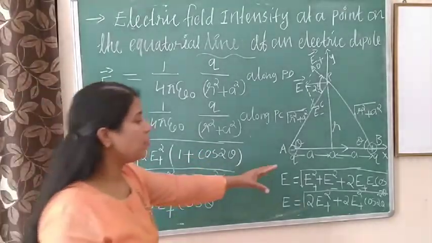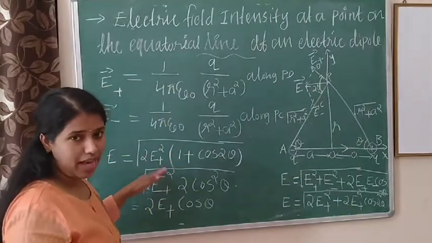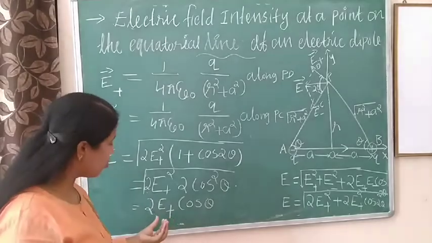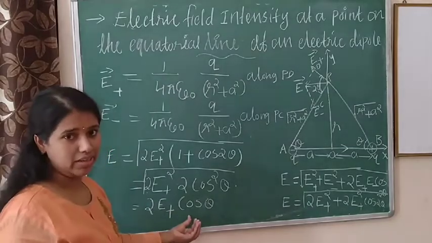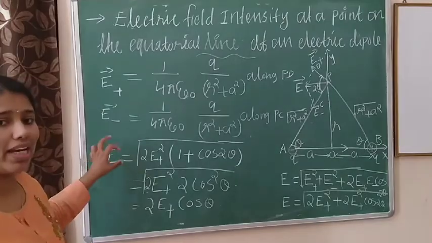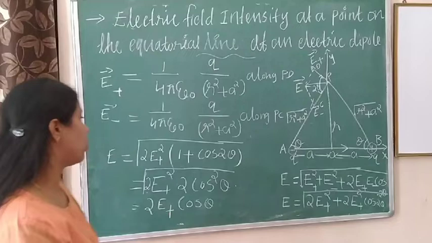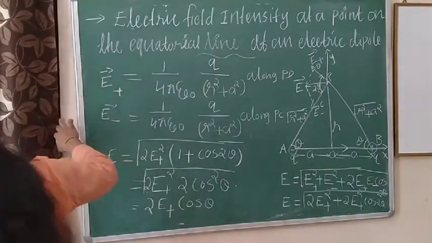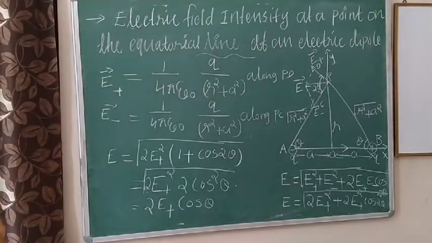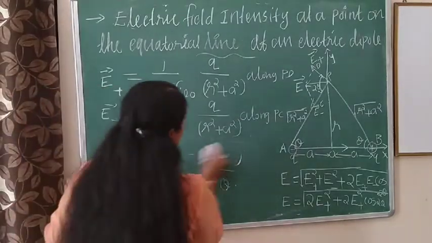In exam time, there is no need of writing these steps. I explained how to get this 2 into E+ cos θ, so no need of writing these steps. Instead, for the total electric field intensity, we can write 2E+ cos θ.